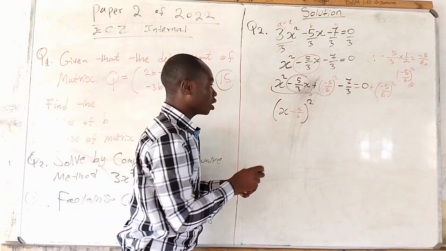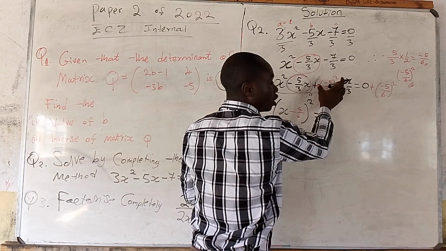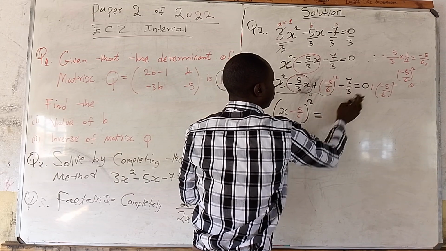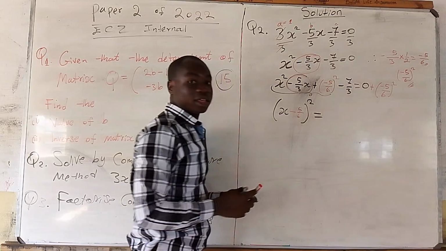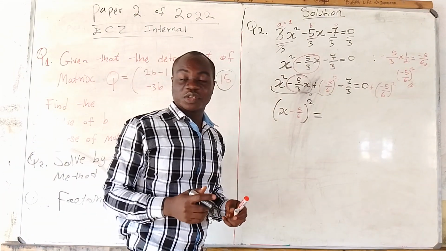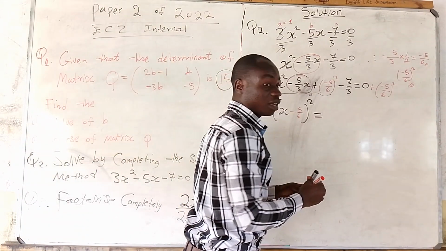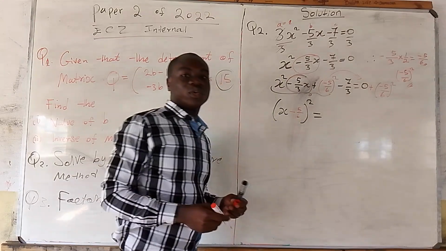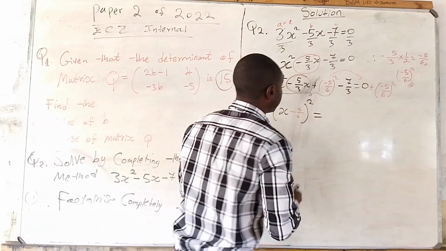Right? Good. Let's proceed. Now we add to both sides of the equation the additive inverse of negative 7 over 3, which most of you say jumps to the other side of the equation and becomes positive. Anyway, it's a good way of mastering it.